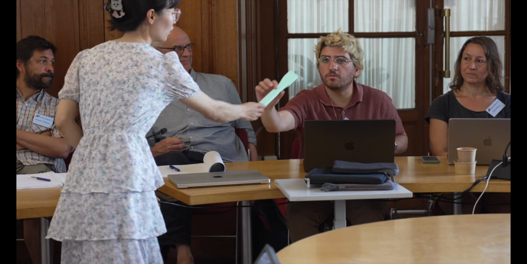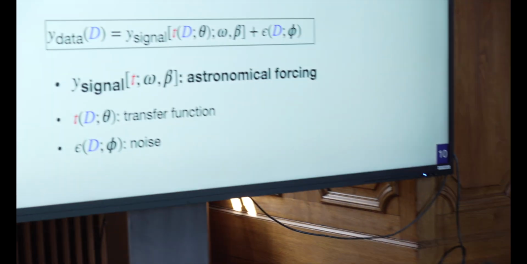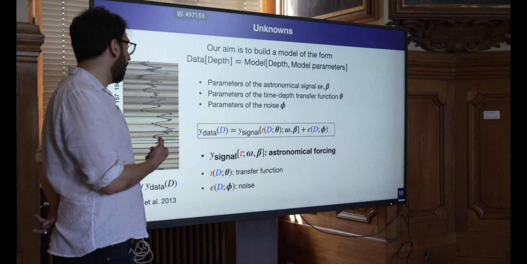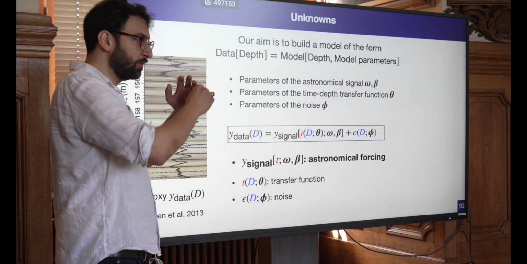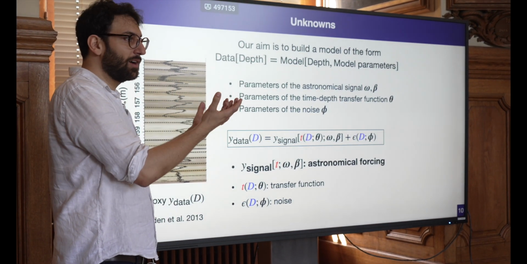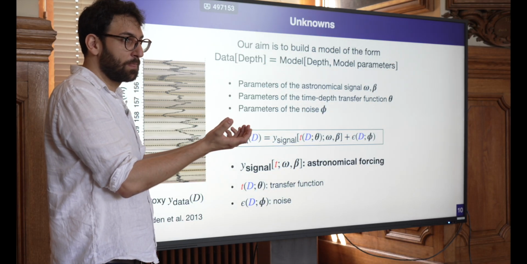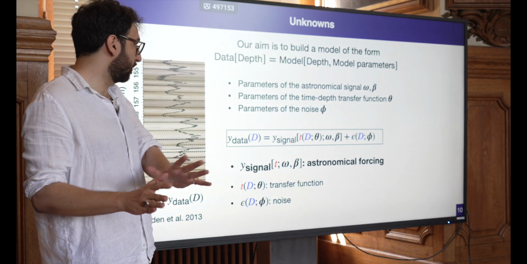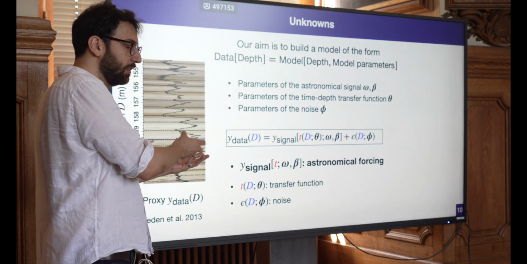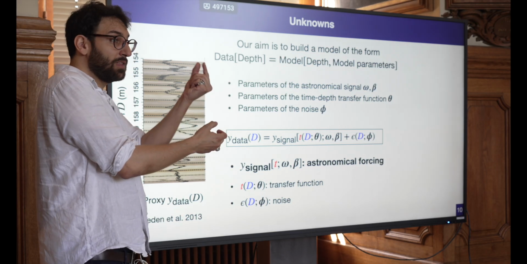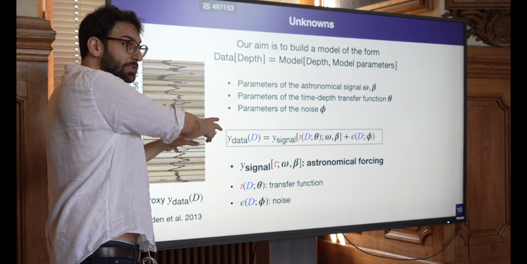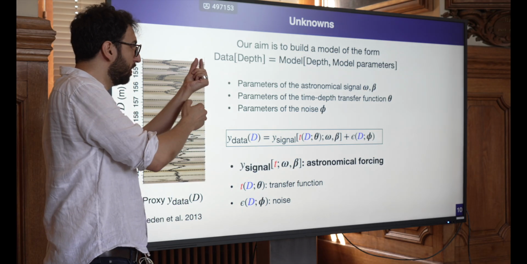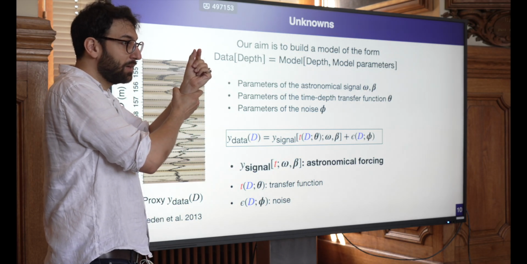So I guess this is a good way to point out also that when you fit the model, the parameters that you retrieve are the parameters of the model. So the constraints you have on your parameters are just as good as the model. The constraints you have assume that the model is correct. So if the model is incorrect, even if the parameters are very well constrained, if the model was faulty from the start, then even if the parameters have super low error bars, they are still not reliable.